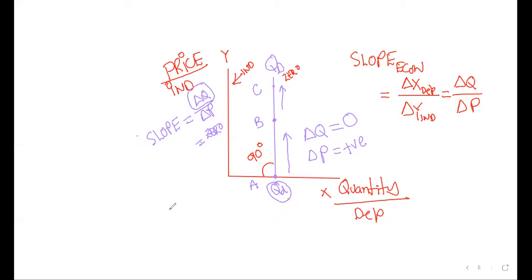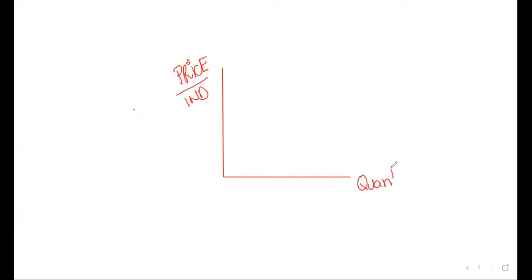Yes, sir. Okay. And another one, I cannot give an example of this because I don't know one, but I can tell you at least theoretically. So this is price, this is independent, this is quantity, this is dependent.